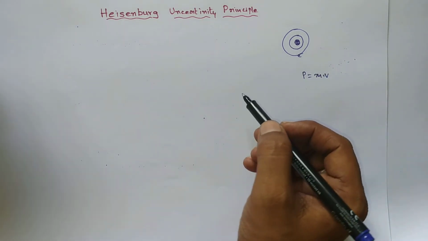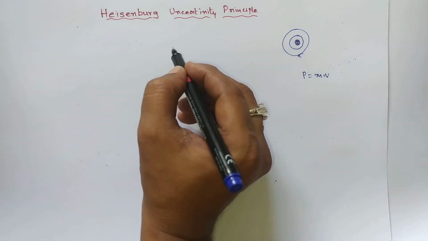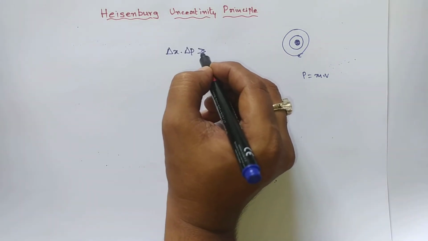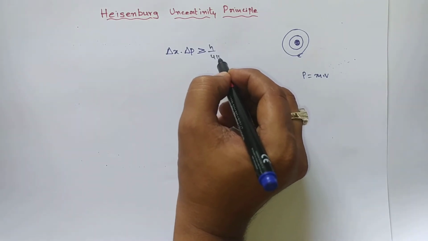This can be explained by an expression: delta x into delta p is greater than or equal to h by 4 pi.